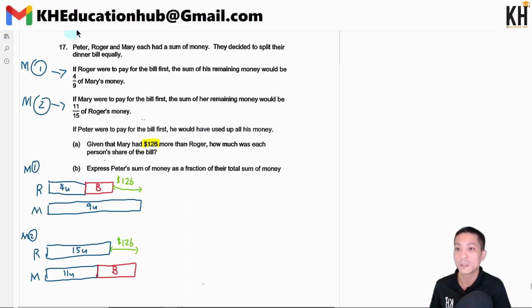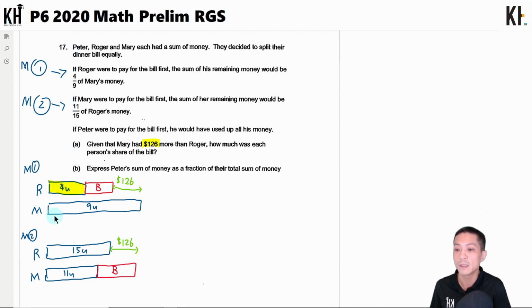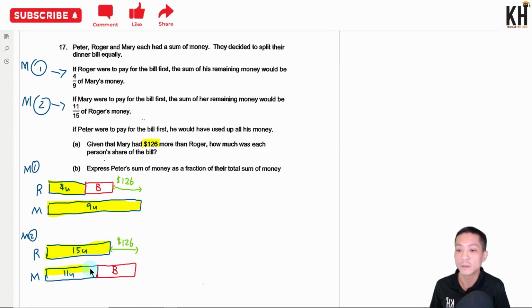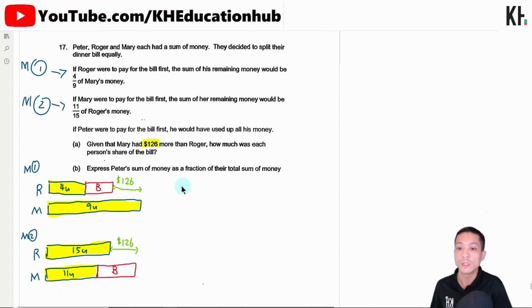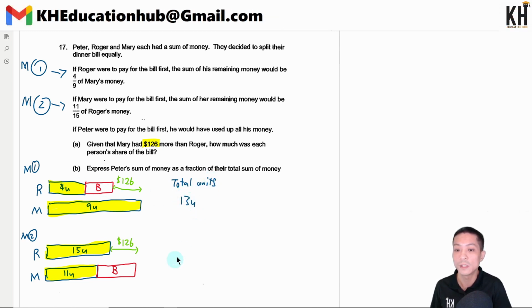Okay, so the first thing that we need to realize is that the total amount of money left for model 1, which is this plus this, is equal to the total amount of money left for model 2, which is this plus this. So in this case, the total units is 13 units.